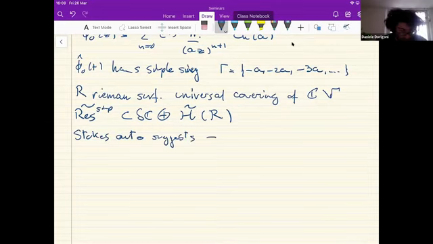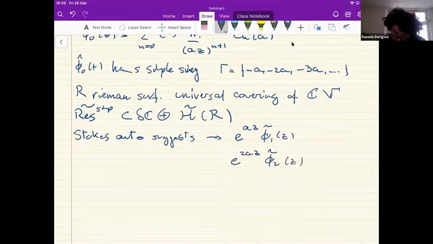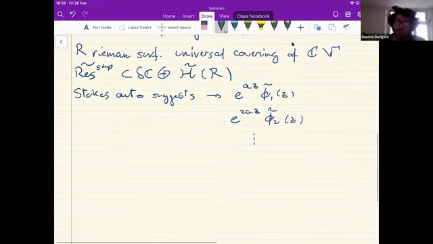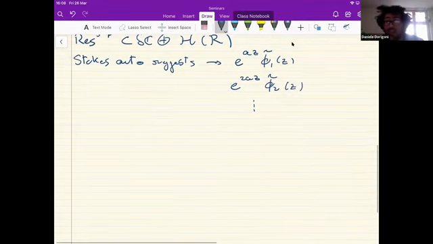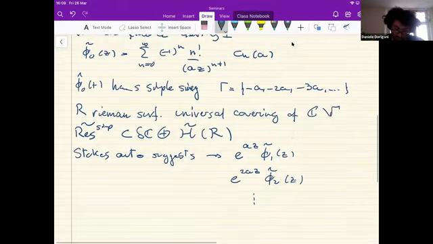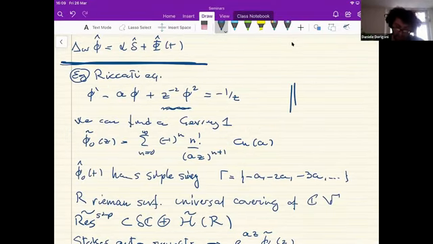You might want to consider an extension considering e to the az times some new simple resurgent function, e to the 2az times a new simple resurgent function, and so on. So it tells us that we might wish to consider a trans-series ansatz solution to this problem, not just the perturbative one.